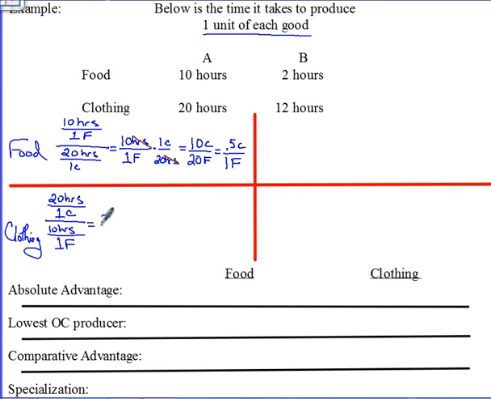So now we're going to get 20 hours over 1 clothing times the reciprocal. So now it's going to be times 1 food over 10 hours.